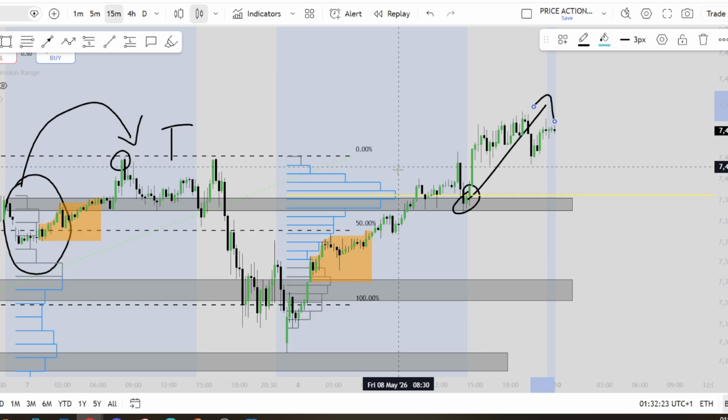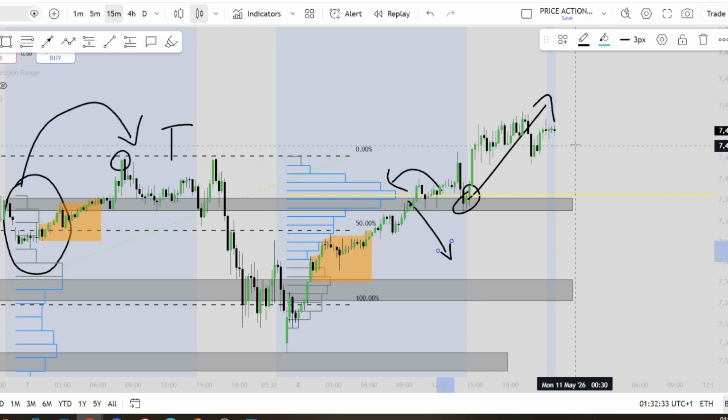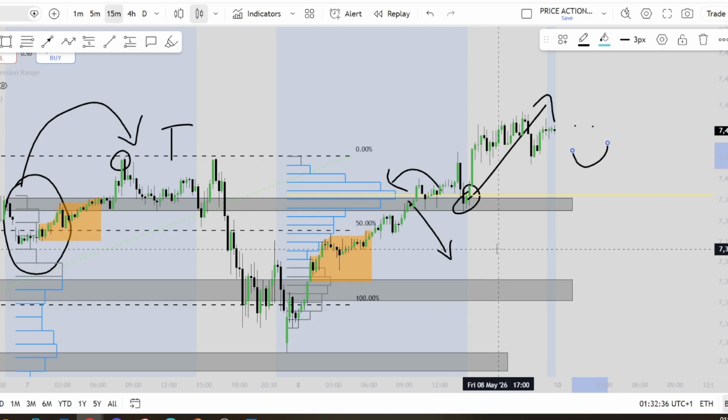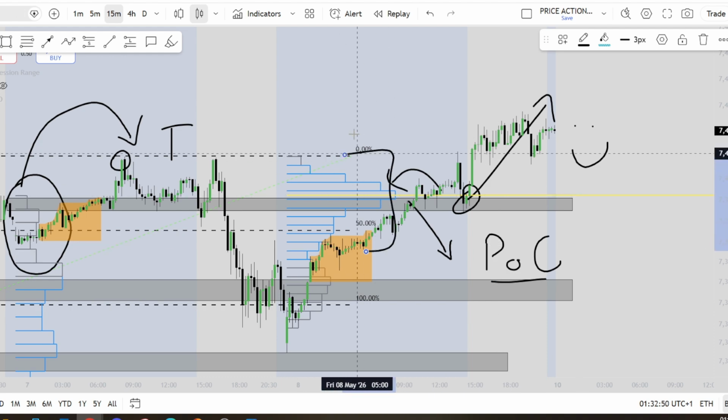You see that? Now, the reason why is because that trade happened at what we call the POC. Do you know what this yellow line represents? I don't know. It stands for POC, which stands for point of control. You don't want to get too bogged down by it. Basically, the yellow line means the maximum amount of volume on the profile for the previous day.